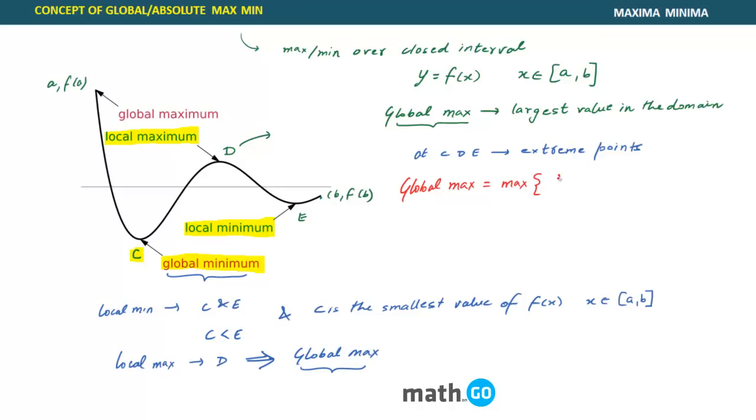So what you will do is find the values at the extreme points, that is A, B, and the values at the extreme points. So you will try and find the maximum of f(a), f(b), f(c), f(d) and f(e).